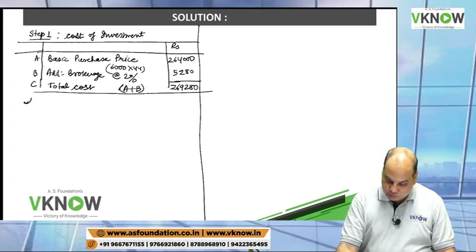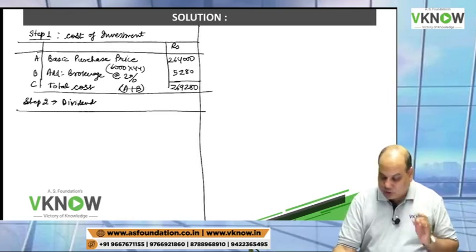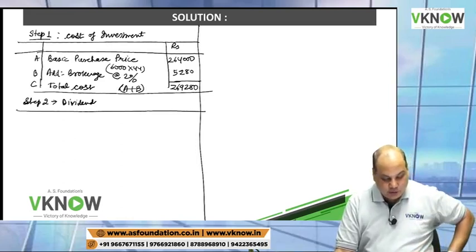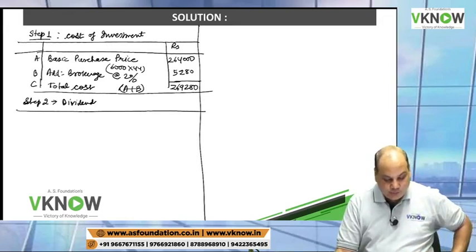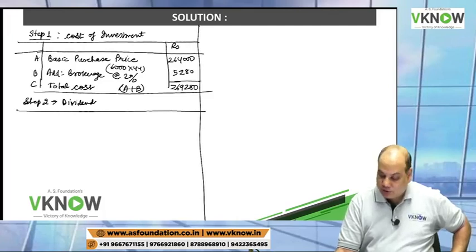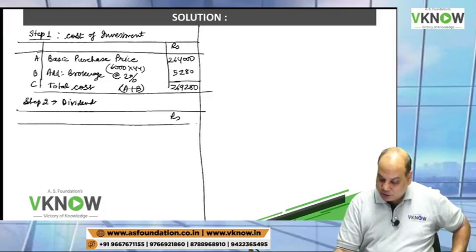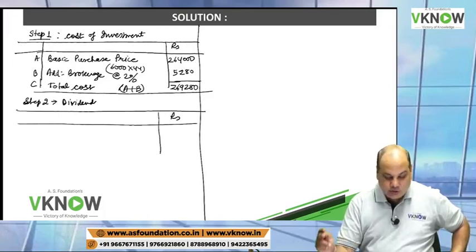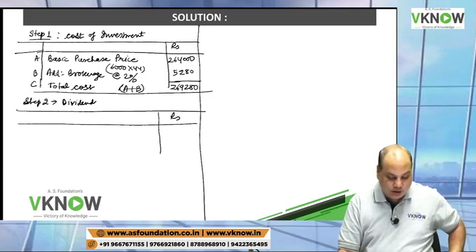Step 2, dividend. This time there is only one dividend. Please come to your question. 15th January 2021. Dividend received: 18% interim dividend on equity share of Kamal Limited.